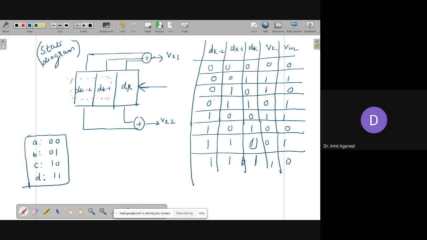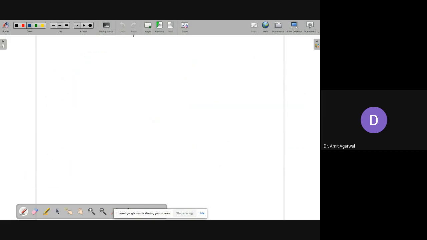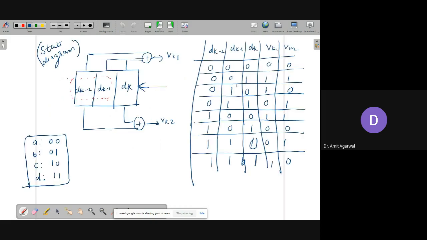So let us see. Initially, if our convolutional encoder was in the initial state A and the input is 0 or 1, what will we see?